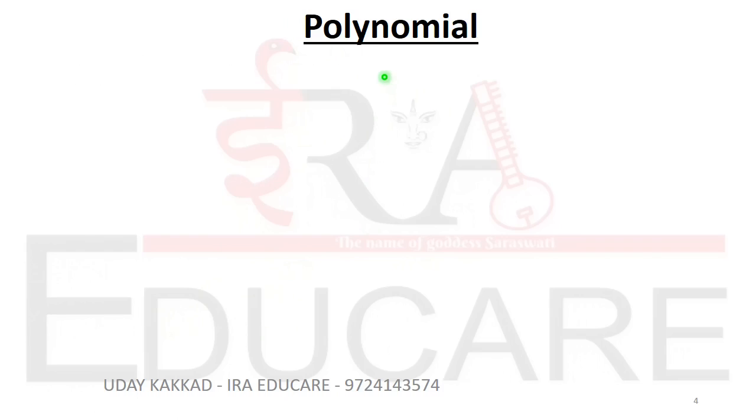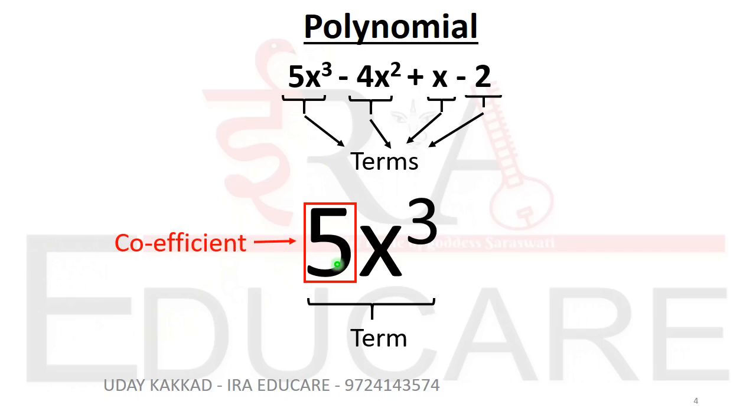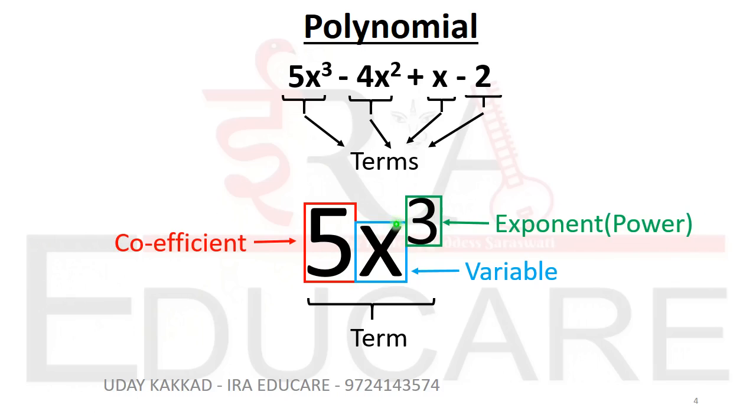Let's elaborate on polynomials. Take 5x cube minus 4x square plus x minus 2. It has 4 terms: 5x cube, 4x square, x and 2. These are all called terms. Now take the first term, 5x cube. Here 5 is the coefficient, x is the variable and 3 is the exponent or power.